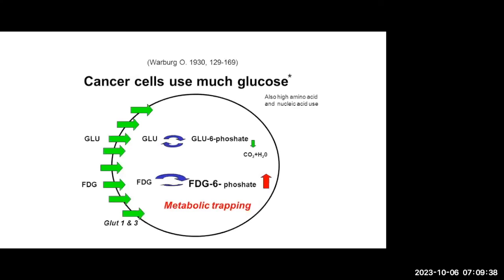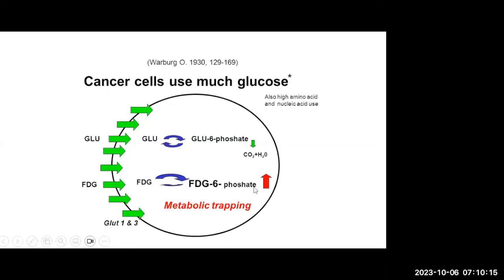So this image, again, just to illustrate what I said: this is a malignant cell, right? You can see the increased number of receptors, particularly GLUT1 and GLUT3, as I mentioned. You can see here the difference between glucose and FDG. They both are going to be phosphorylated, and the hexokinase is increased, so there is more phosphorylation of FDG in the malignant cells, becoming FDG 6-phosphate.